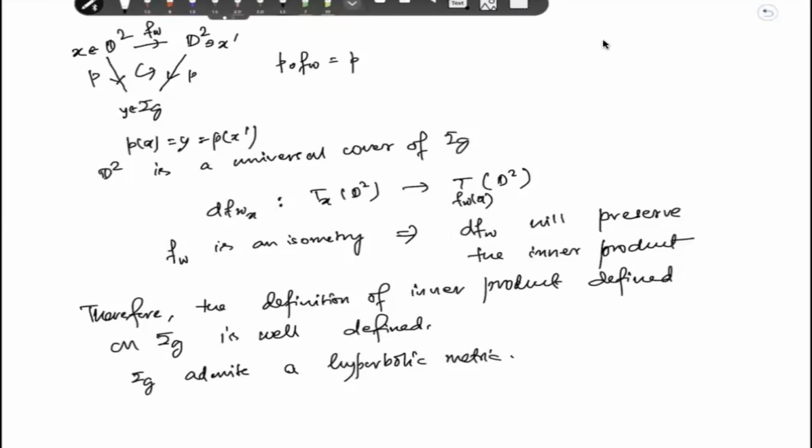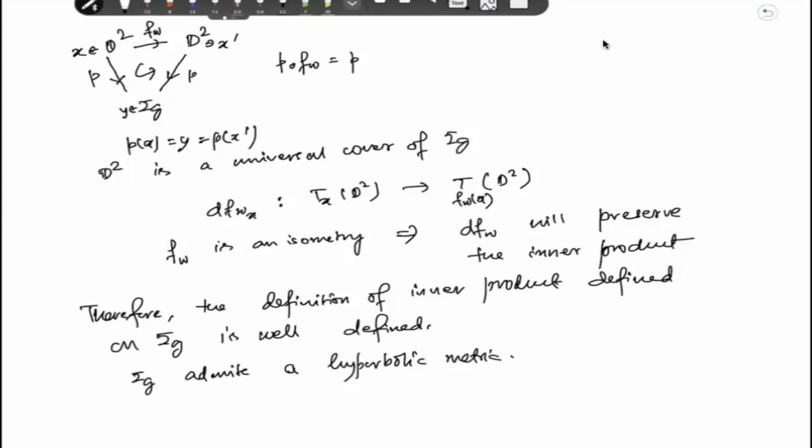And if you know something about the computation of the curvature, given this hyperbolic metric on the unit disk, the curvature at each point is -1. And this map p, the covering map from this unit disk to this genus g surface, is a local isometry.